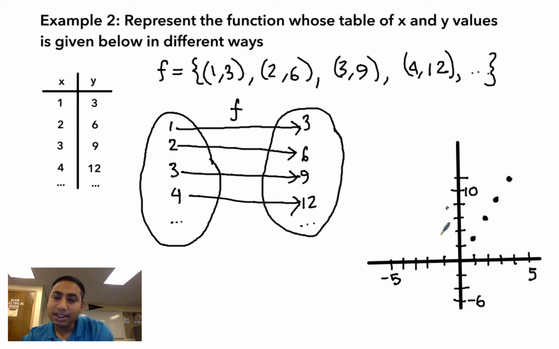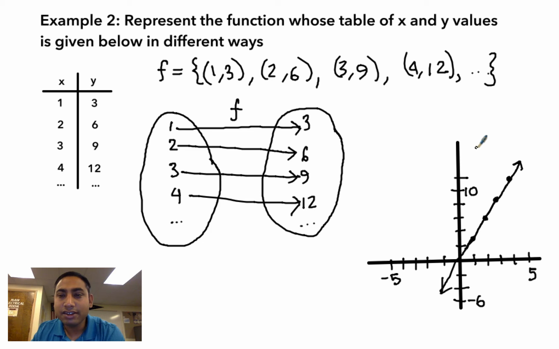All right, and then finally we've got to join these points with a nice straight line. Again, you should use a ruler when you're doing this. Okay, and that is the graphical representation of that function.